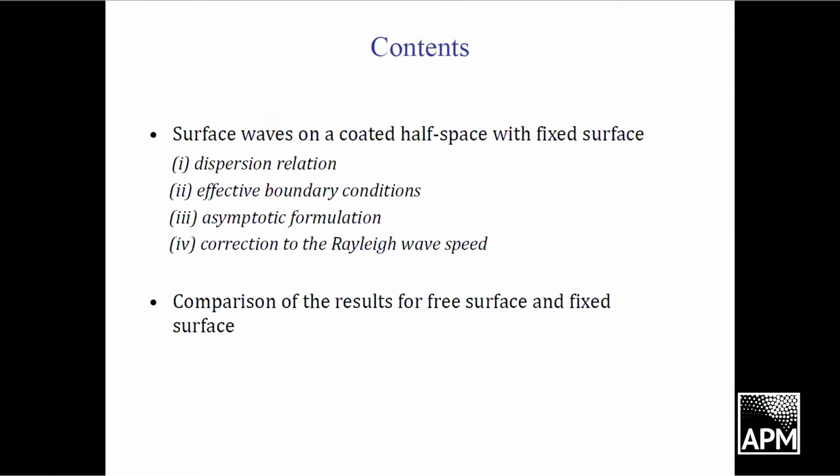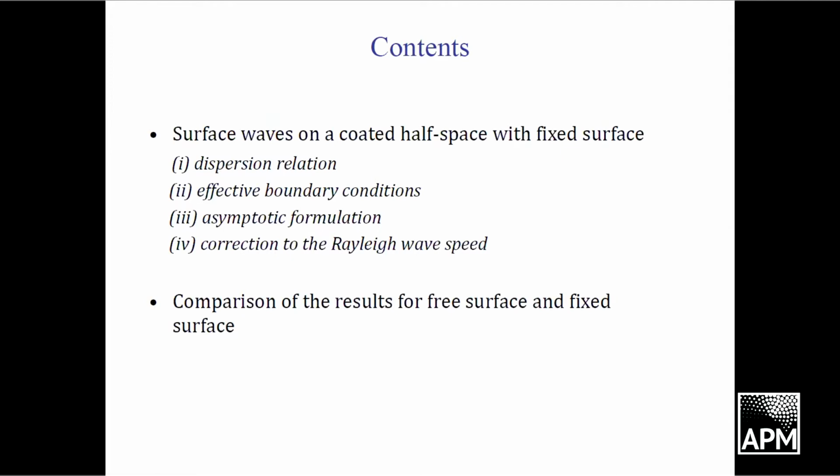So first we will be talking about surface waves on a coated half space, but in case of a rather specific boundary condition. So it will not be a free surface, but it will be a clamped surface. As usual, if the half space was homogeneous, then there would be no possibility for Rayleigh waves to propagate.